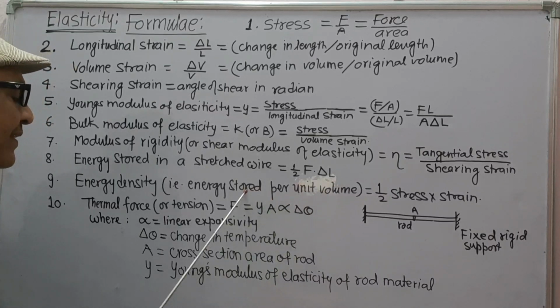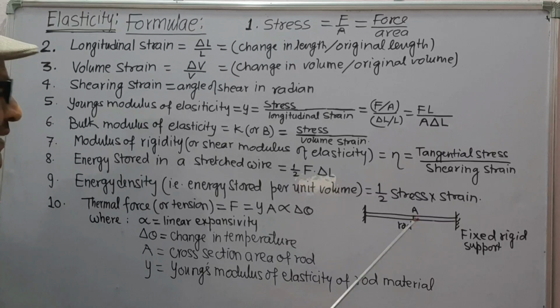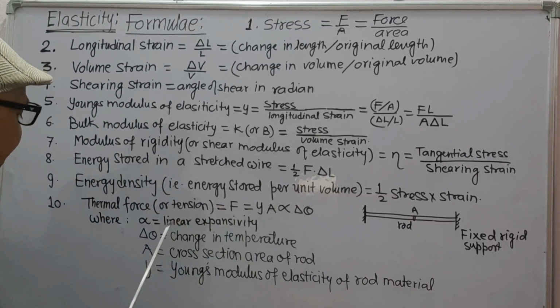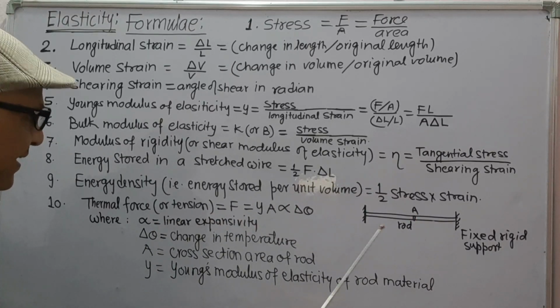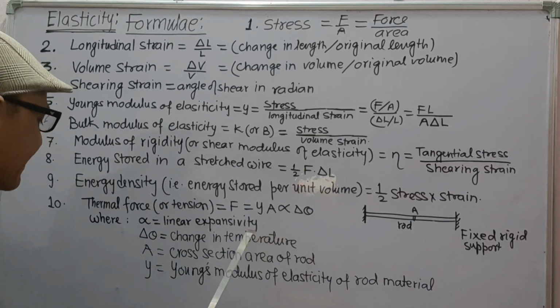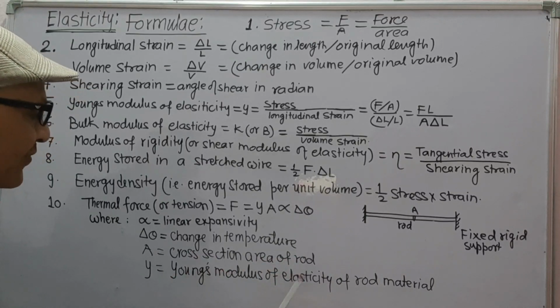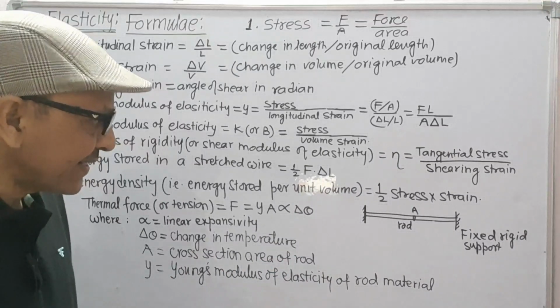Then the force of tension experienced by the rod is given by this relation, where alpha is the linear expansivity of the rod material, delta theta is the temperature change, A is the cross section area of the rod, and Y is Young's modulus of elasticity of the material of the rod.